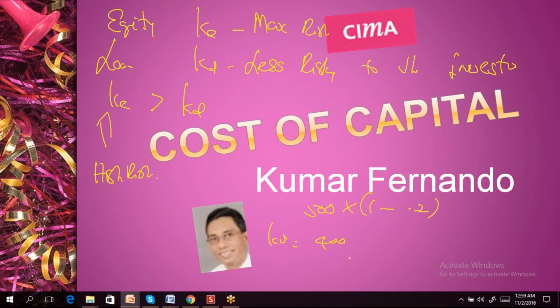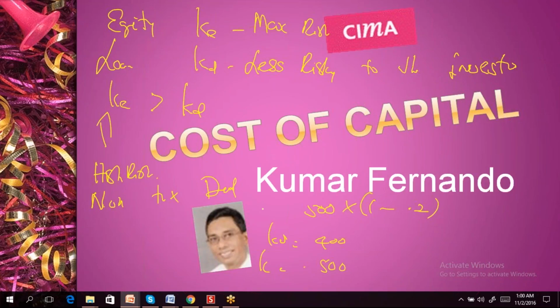If you pay 500 as a dividend, there is no tax deductibility, so the cost of equity is 500. That's another reason why cost of equity is more expensive than cost of debt. One is high risk, other one is non-tax deductibility.